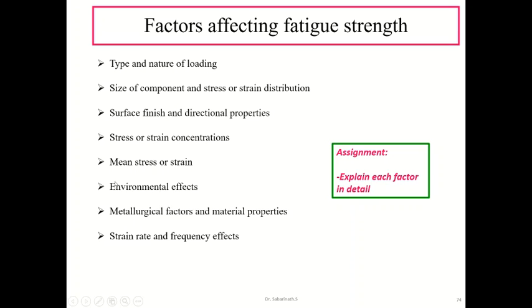Next are environmental effects, metallurgical factors and material properties, and strain rate and frequency effects. For an assignment you have to explain each of these factors in detail.